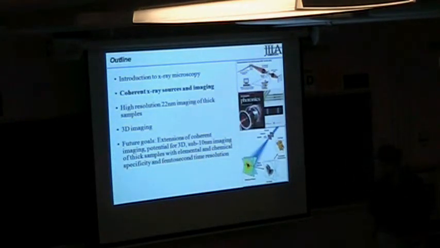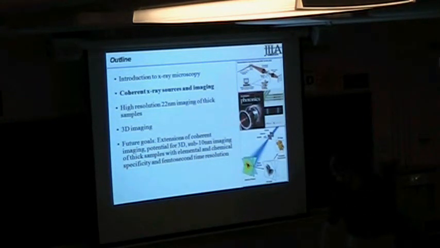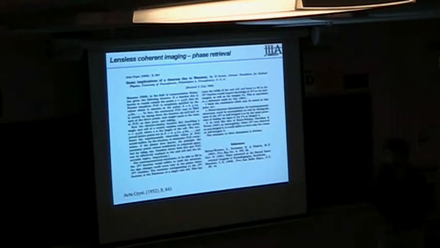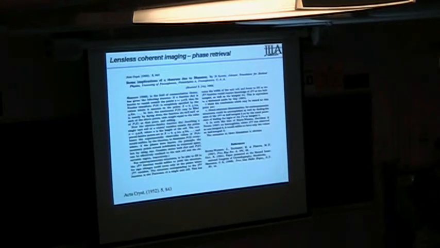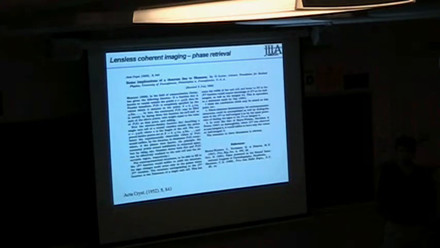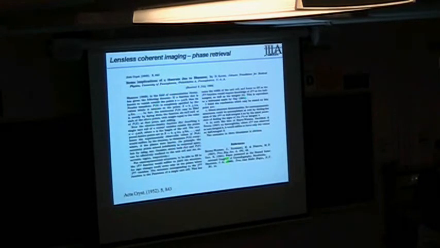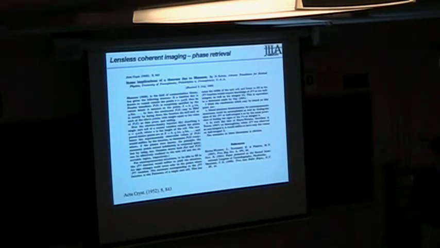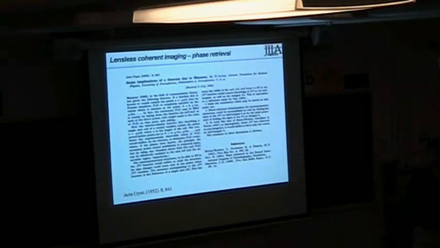So that brings me into what I'm going to talk about next, and that's what we do in our lab, which is called lensless coherent diffractive imaging. This is an alternative approach where you don't need any optical elements between your sample and your detector. I just want to point out that this is the original paper that predicted this would be possible a little over 50 years ago, and it fit onto one PowerPoint slide.